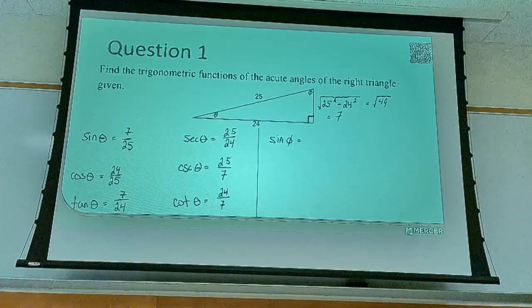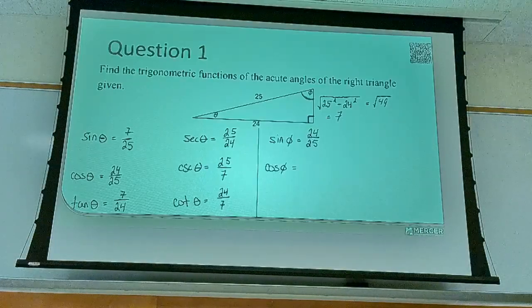Sine of phi. Right, we're now up at that angle. Opposite over hypotenuse. Cosine of phi, adjacent over hypotenuse.